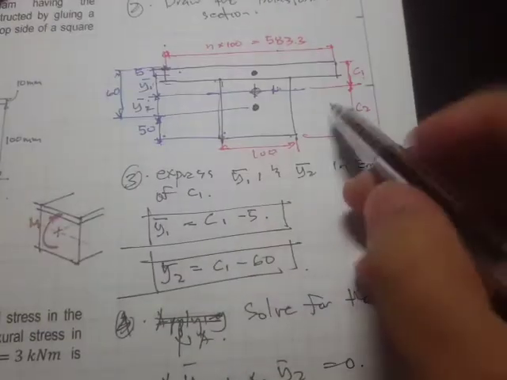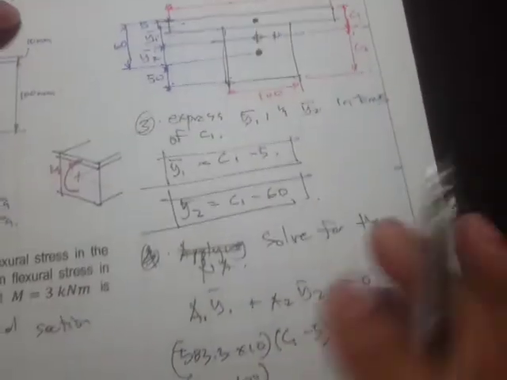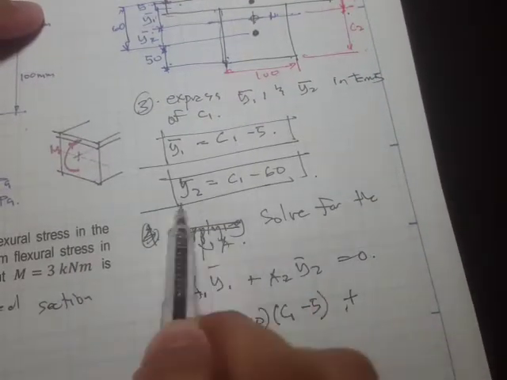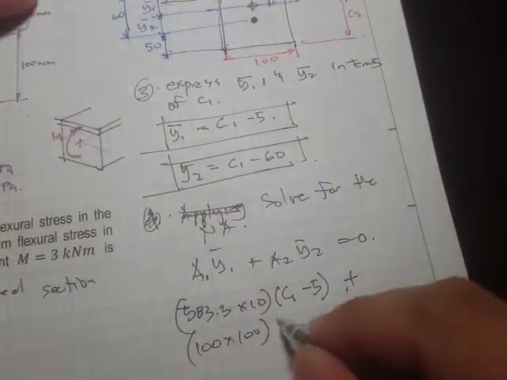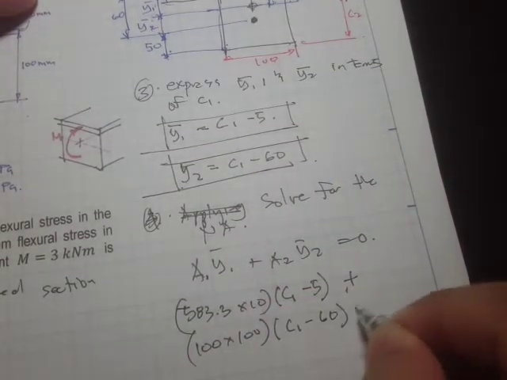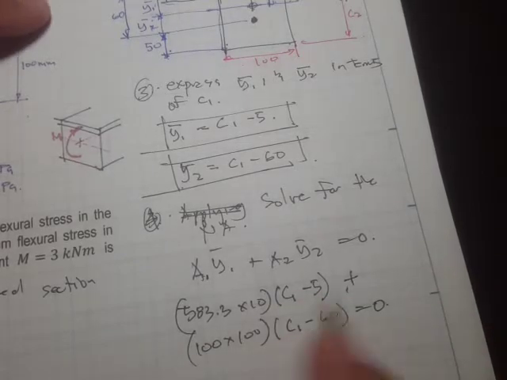And the distance, no, not the distance, but rather this equation, y sub 2 is c1 minus 60 is equal to 0. Now we have one equation, one unknown.